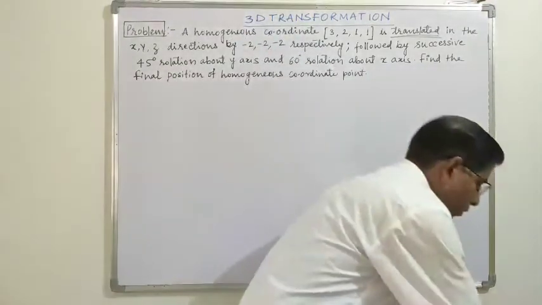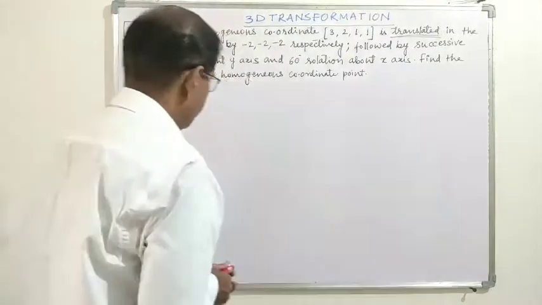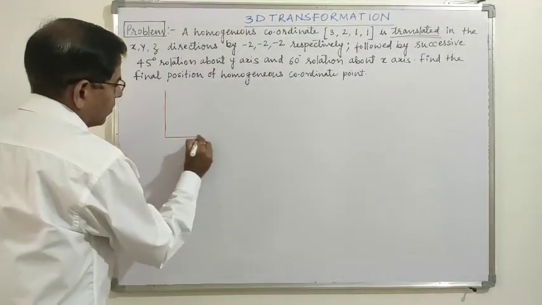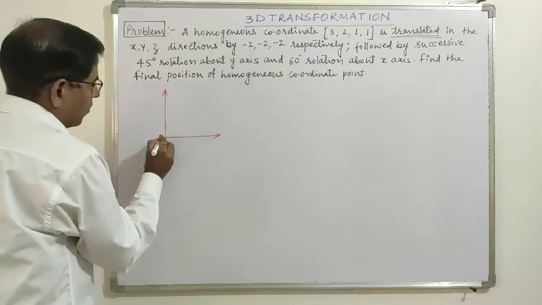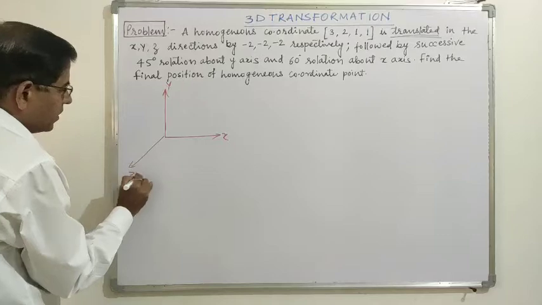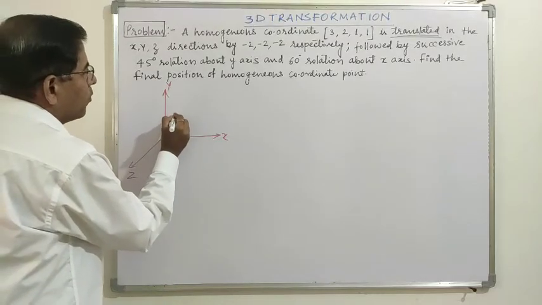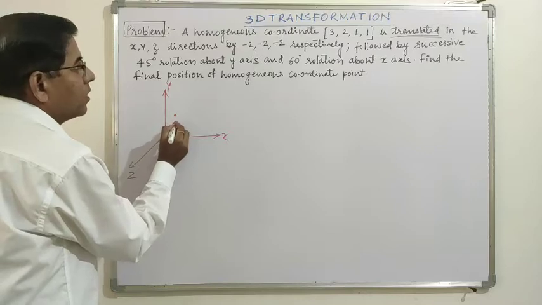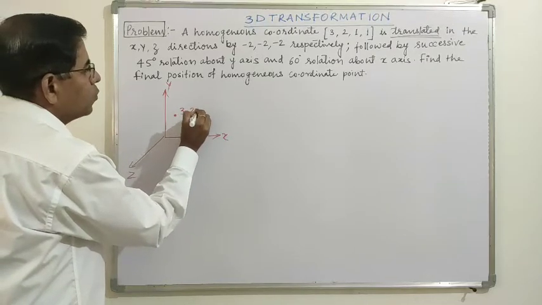Okay, so I'll draw the figure. X axis, y axis, z axis. This is a point P, 3, 2, 1.